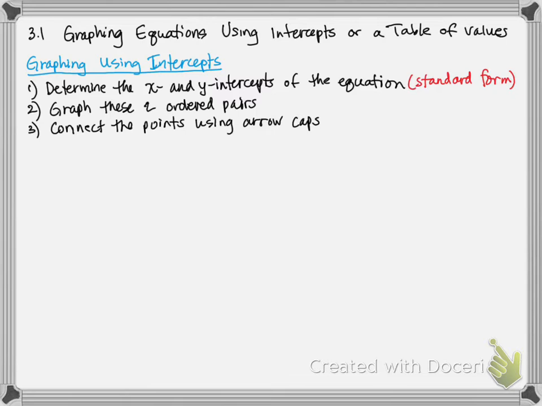So we're going to get a set of directions that say graph using intercepts only. Okay, so we're going to do one example, and then we're going to talk about different strategies there.